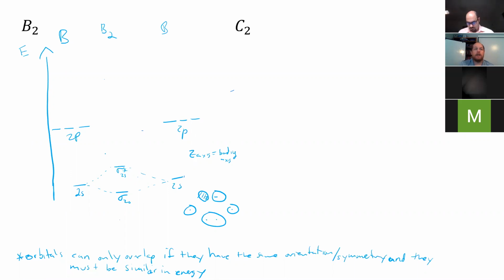Now with boron, carbon, and nitrogen, the more stable overlap is going to be the pi overlap that you get from the 2p orbitals, the pi 2px and pi 2py. And those will also have a destabilizing pi star 2px and pi star 2py.